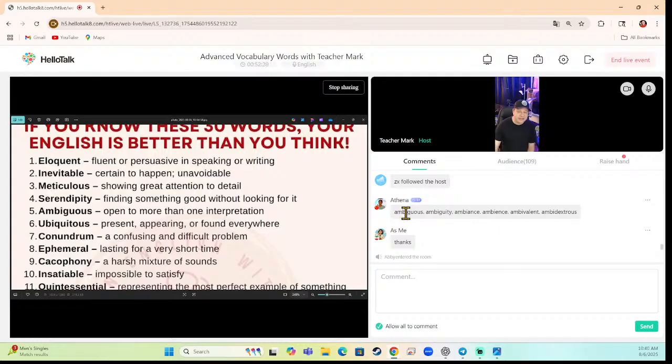Those are all words, Athena, where the AMBI part is the root, and it means something about both. Right? So, ambivalent. What does ambivalent mean? To have ambivalence? Ambivalence, the AMBI means both sides, right?